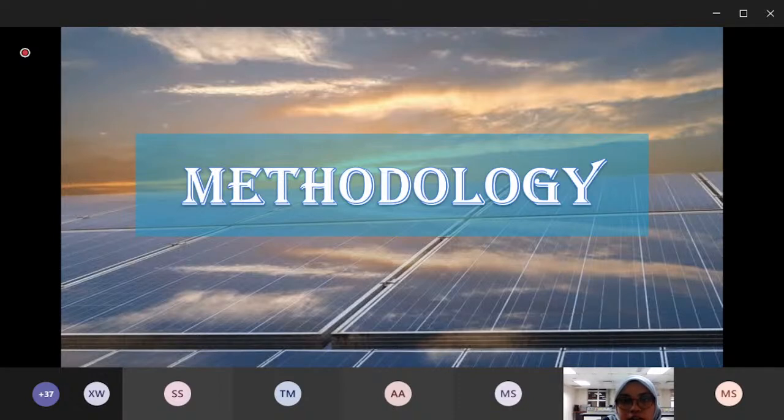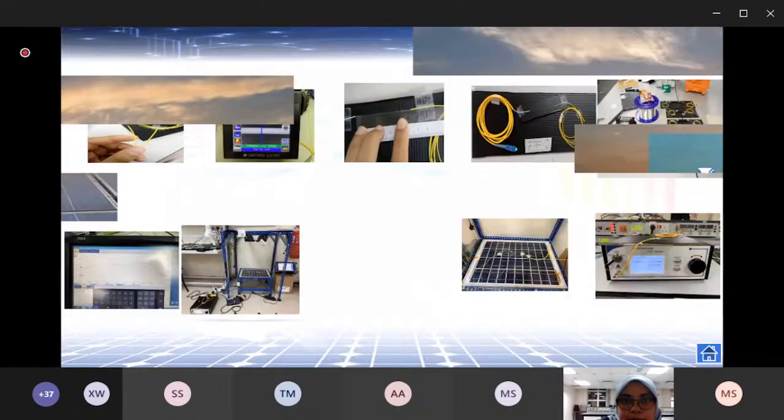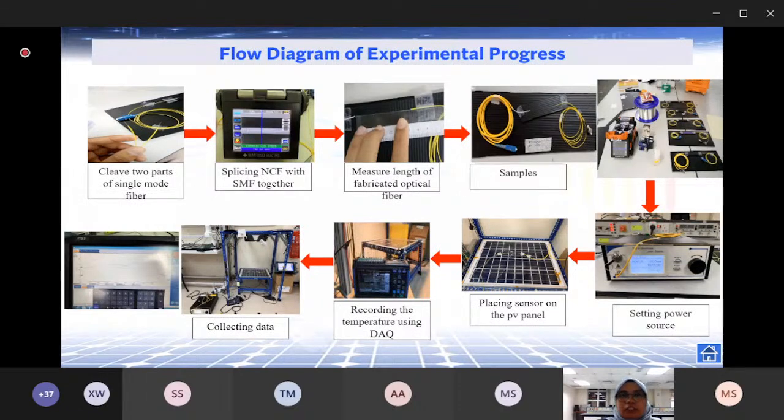Let's go into the methodology. This is the overall flow diagram of the experimental progress. This work comprises two main phases. The first phase is a simple fabrication process involving cleaving and splicing. However, the cleaving and splicing must be done properly in order to get the best results.